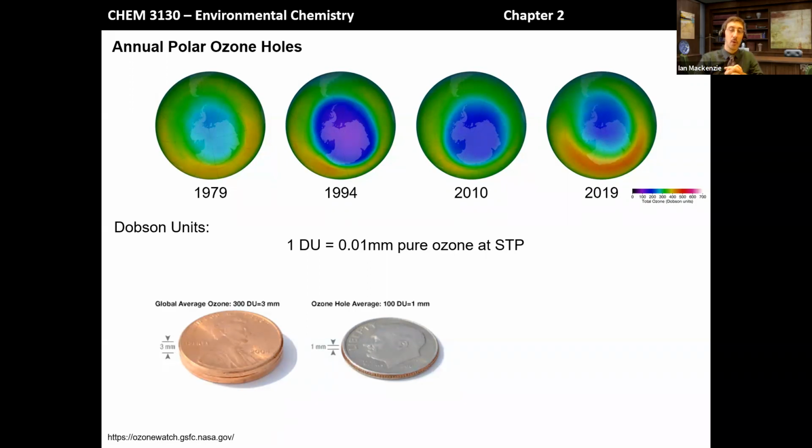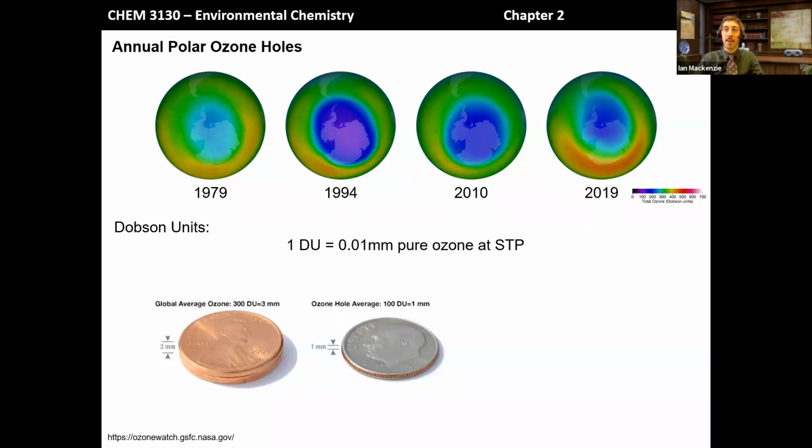Now, when we talk about ozone holes, what we're talking about is a region where there has been significant ozone depletion. And so there is a lot less ozone present, but again, hole might be a little bit of a misnomer. It's not a place where no ozone exists. It's simply a region in the atmosphere where the ozone concentration has dropped significantly.